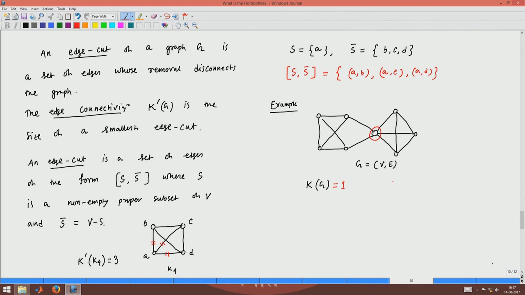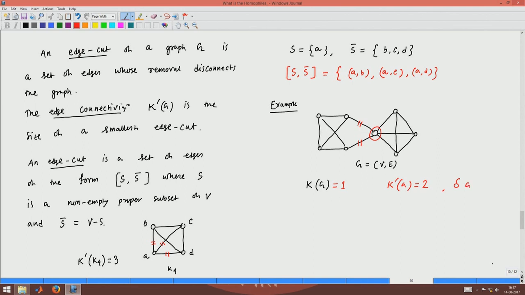and the edge connectivity K prime G for this graph is 2. You can see that if you remove this edge and this edge, the graph becomes disconnected. So, the edge connectivity of this graph is 2, and what is the minimum degree of this graph?